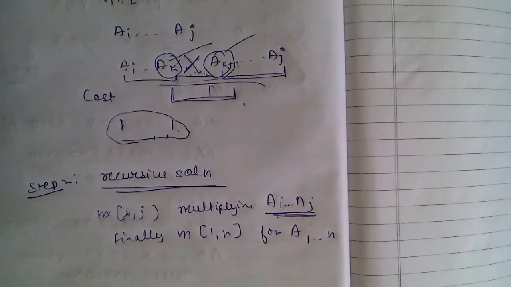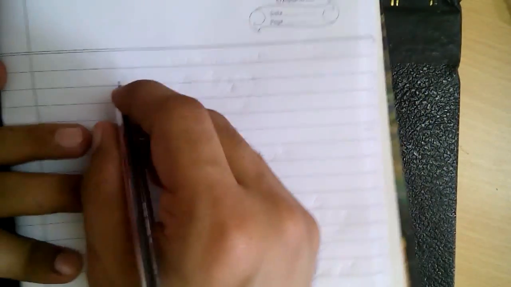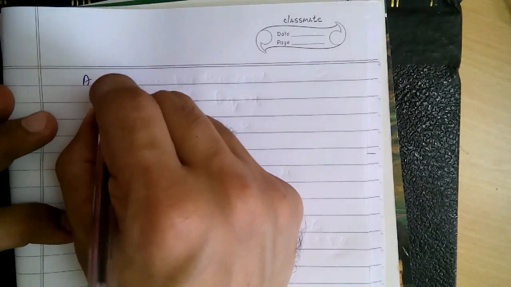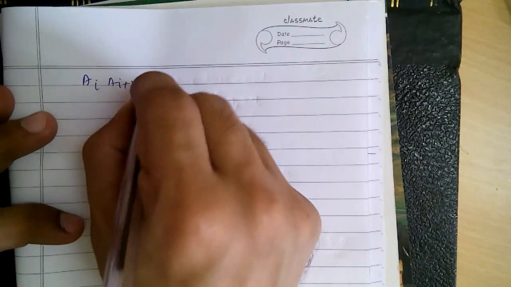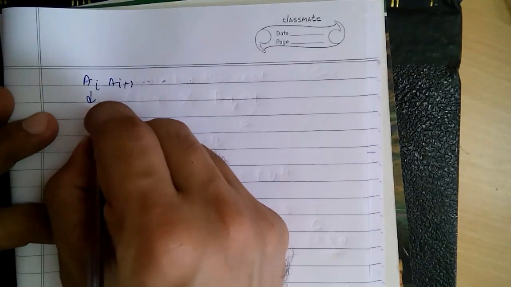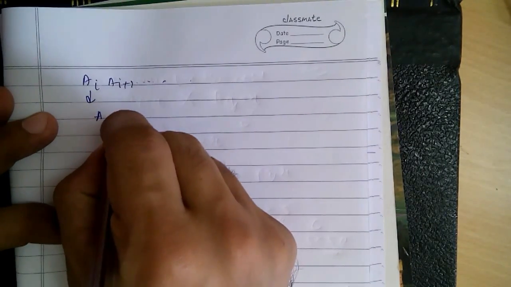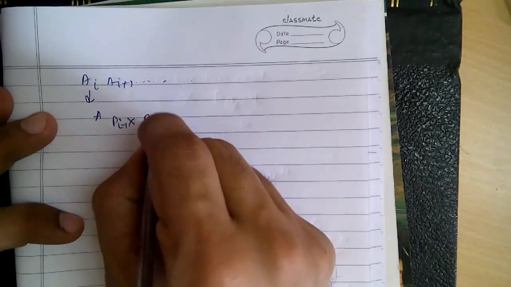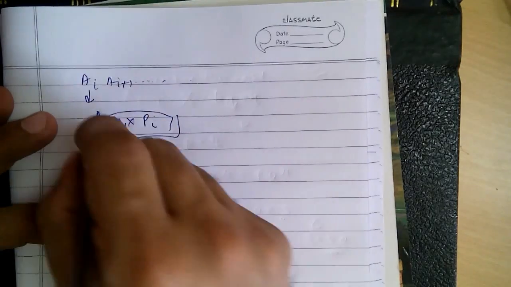Okay, so we are having these matrices. The dimension of this Ai, let it be, is p i minus 1 into pi. Okay, these are the dimensions of matrix Ai.